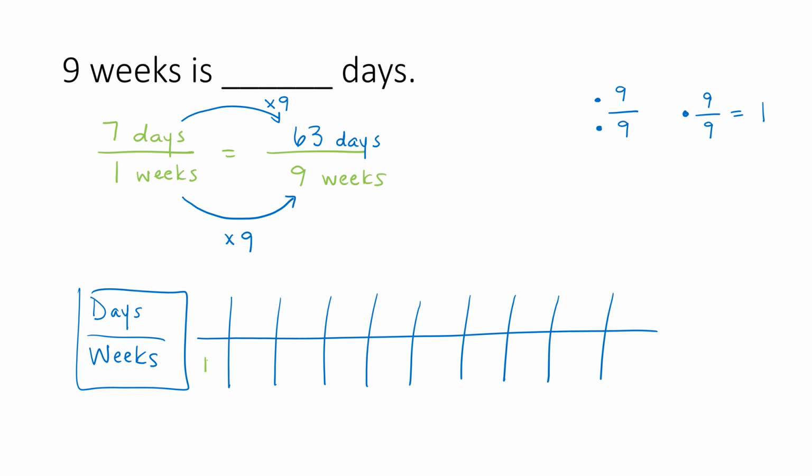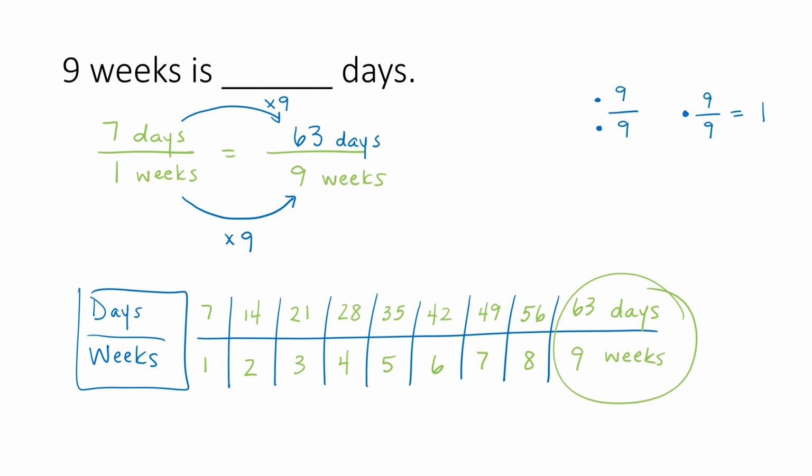If we start with 1 week, we have 7 days, 2 weeks, 14 days, 3 weeks, 21 days, 4 weeks, 28 days, 5 weeks, 35 days, 6 weeks, 42 days, 7 weeks, 49 days, 8 weeks, 56 days, and 9 weeks, 63 days. So if we make a table of equivalent ratios to see how many days are in each week, we see that we get the same answer. There are 63 days in 9 weeks.